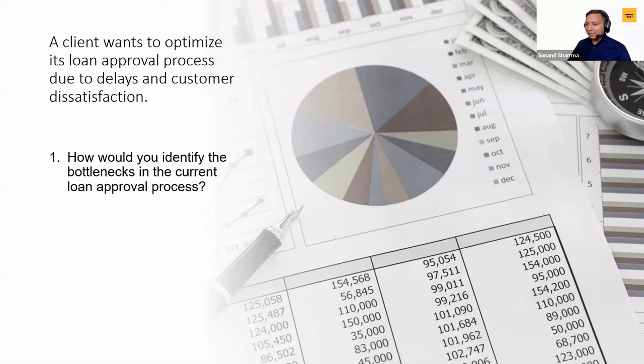So by combining this quantitative and qualitative data, I can pinpoint the specific stage where delays occur most frequently. Now, for example, if I notice that a significant amount of time is spent in the underwriting phase due to manual checks, this would be a clear indicator of a bottleneck.